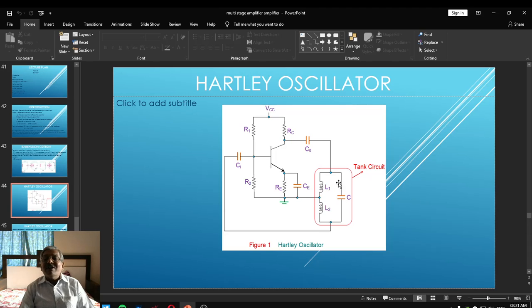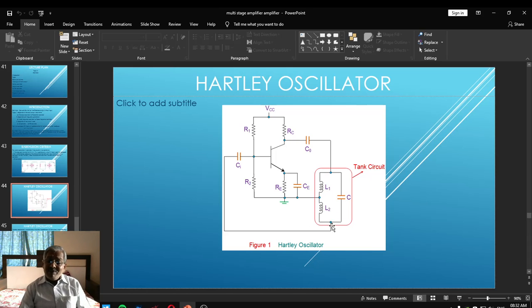Under that condition, the capacitor fully discharges and full magnetic flux will be developed across L1 and L2 till the steady state is reached.